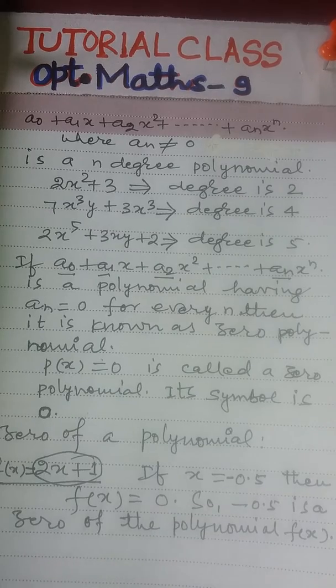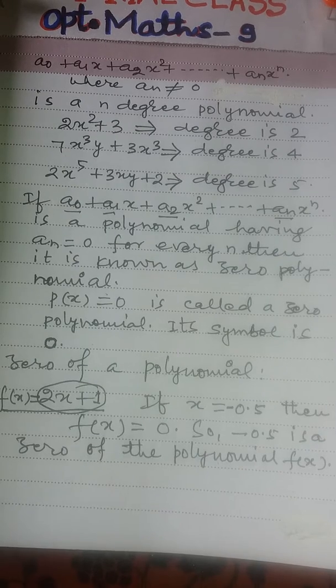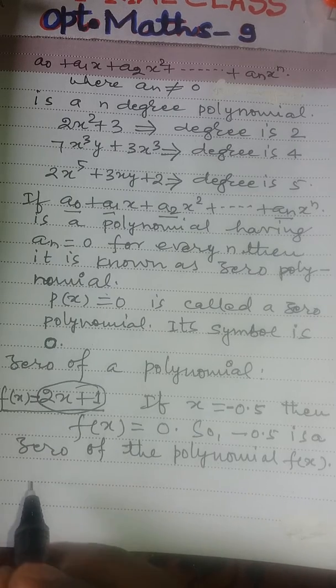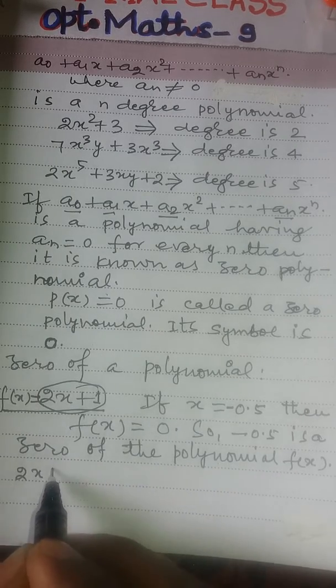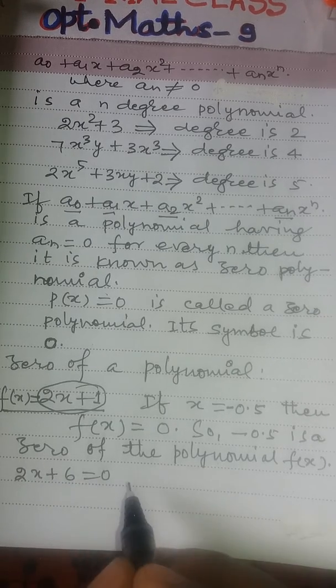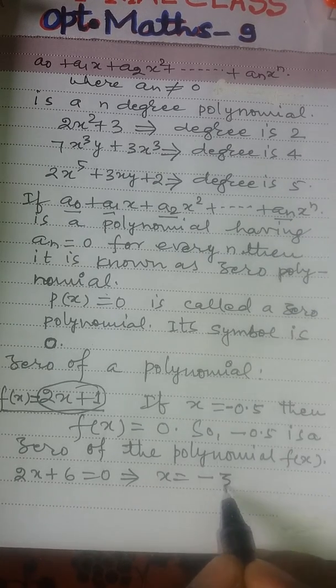f(x). In simple language, we can understand the meaning of the zero of a polynomial as the value of the variable of the polynomial. So, if we want to show you here, 2x plus 6 equals 0 implies x equals minus 3.